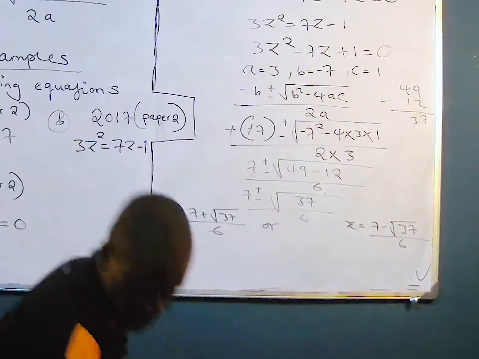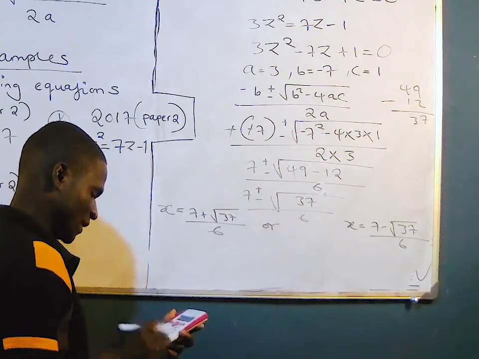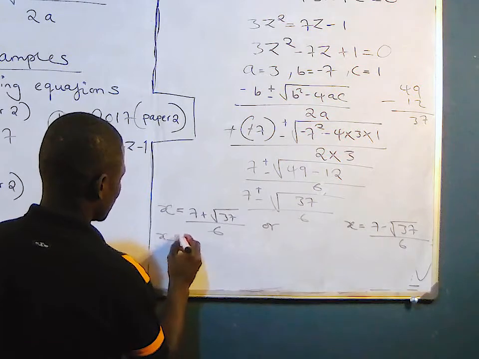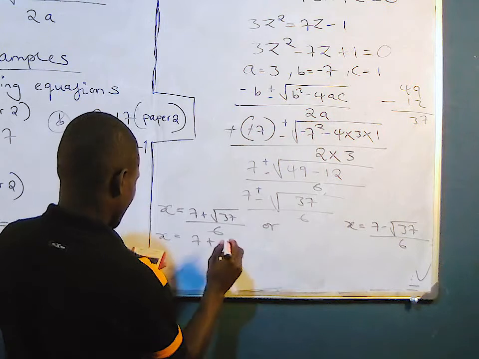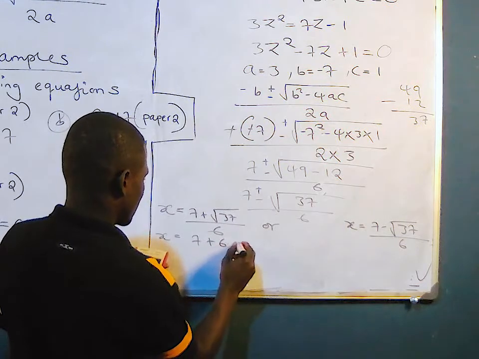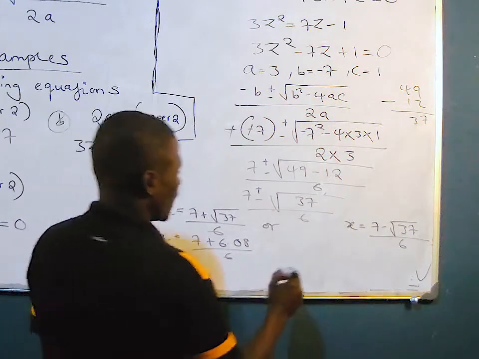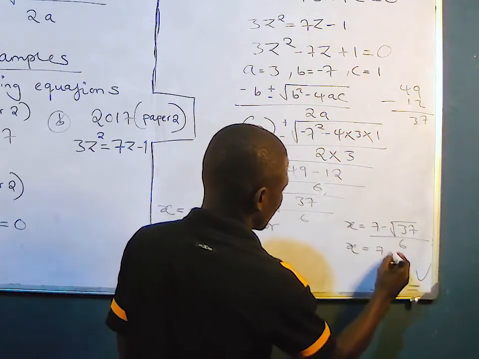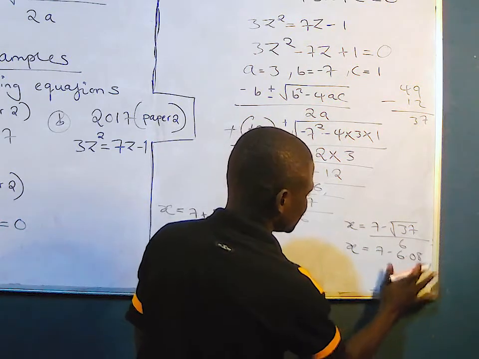So what's the root of 37, please? The root of 37 is 6.08. So x is 7 plus 6.08 over 6. Again x is 7 minus 6.08 over 6.